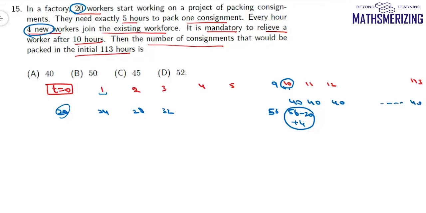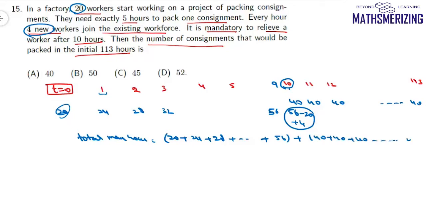So what is the total number of man-hour work possible? So total man-hour work will be 20 plus 24 plus 28 up to 56, and then it will be simply 40 plus 40 plus 40, and it goes all the way up to 40.